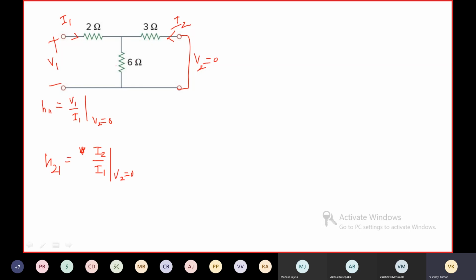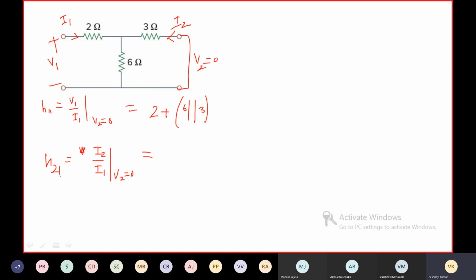The 3 ohm and 6 ohm resistors are in parallel, which is equal to 2 plus 6 in parallel with 3 ohms. Then V1 is equal to I1 into the total impedance, nothing but the ratio of V1 to I1, the input impedance.